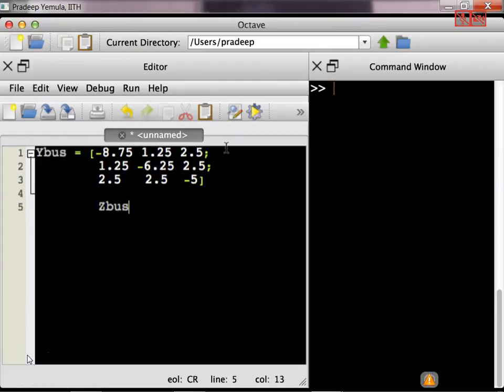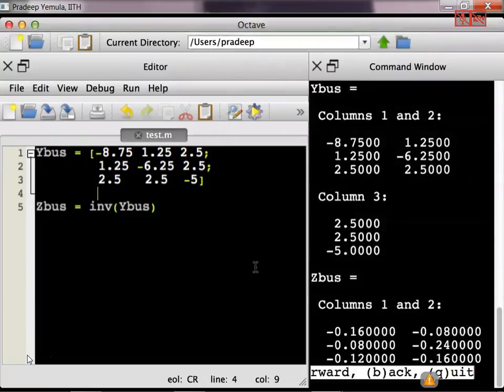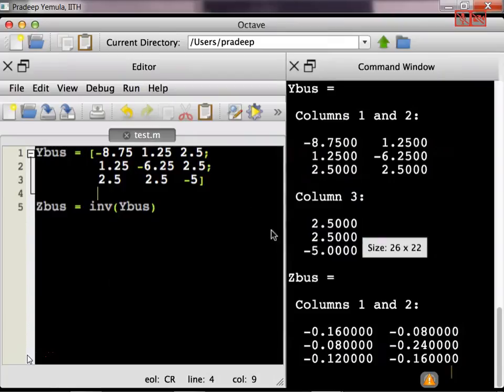And then Z bus is nothing but INV, inverse of Y bus. So very simple. So now let me run this. So on the right, I'm getting the solution already.